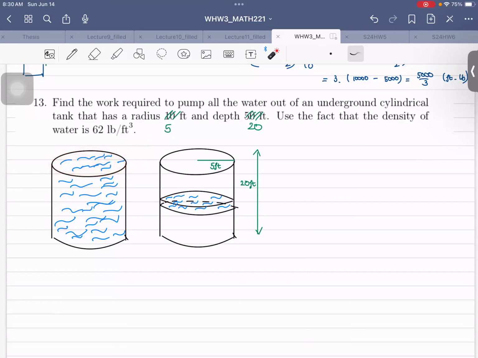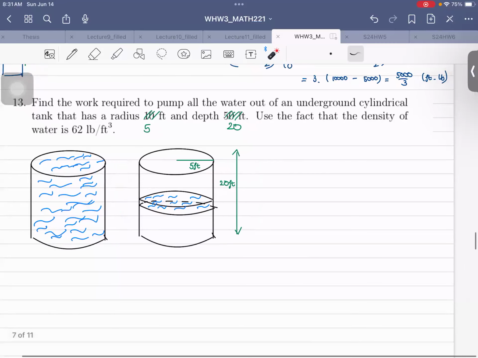But for the layers of water in the middle of the tank, they have to travel some distance to get out. For the water at the bottom of the tank, it has to travel a further distance. So you have to develop a general formulation to work with every single layer of the tank if you want to take them out.